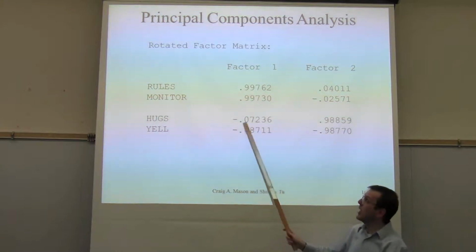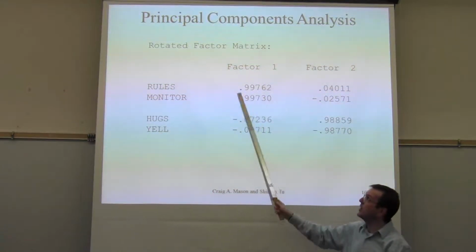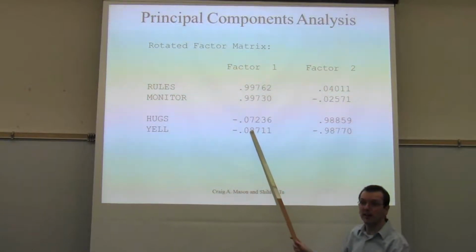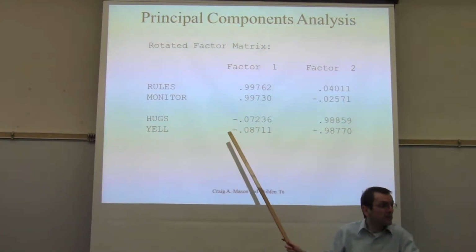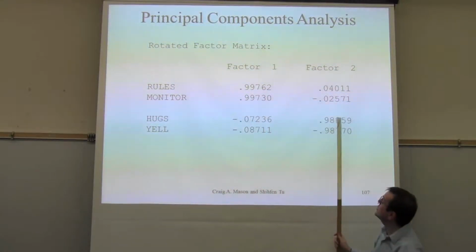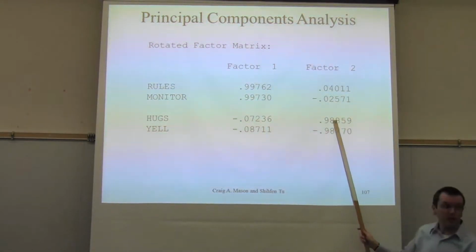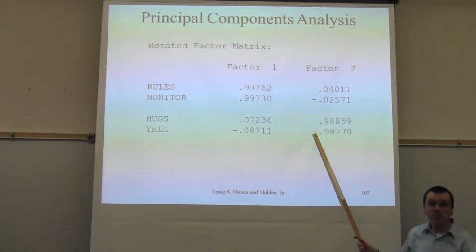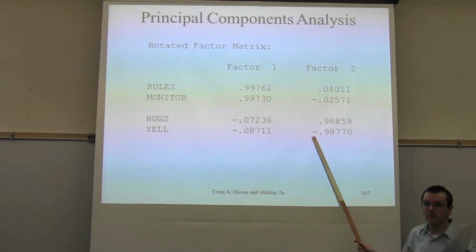So we don't even have to worry about this. You're high on factor 1, you're doing rules and monitoring, and you could be doing anything for hugging and yelling because they're uncorrelated. So it's easy to describe factor 1 now. Factor 2, really highly correlated with hugging and yelling. And the fact that this is negative is fine. You just have to make sure you interpret it in reverse.